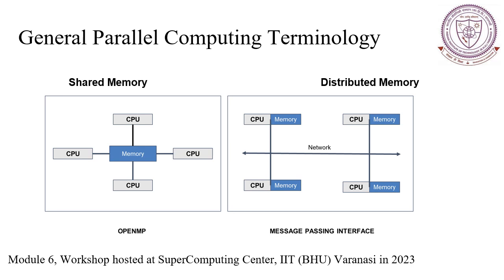Shared memory refers to a memory model where multiple processors or processing units can access and modify the same physical memory space. In this model, each processor operates independently and can read from and write to shared memory locations. Changes made by one processor are immediately visible to other processors which are accessing the same memory.